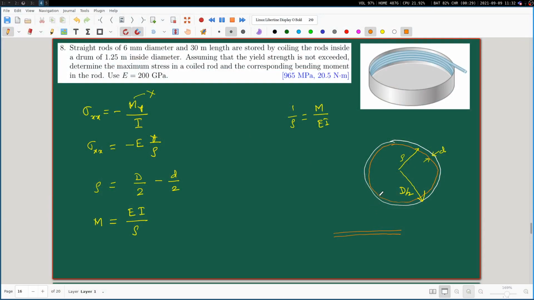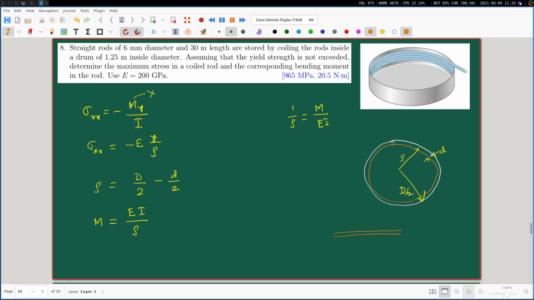So it is only as a result of the forces that are acting radially on this rod, and that force is from the inner surface of the drum on the rod, that this rod is present in this kind of curved fashion. I repeat, if you consider this like a beam, this beam is initially straight.